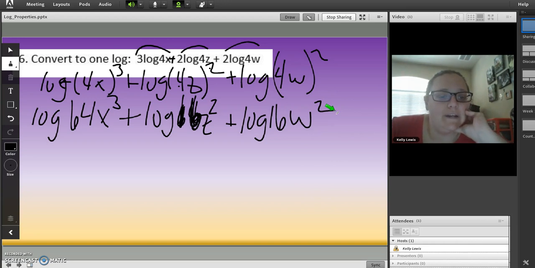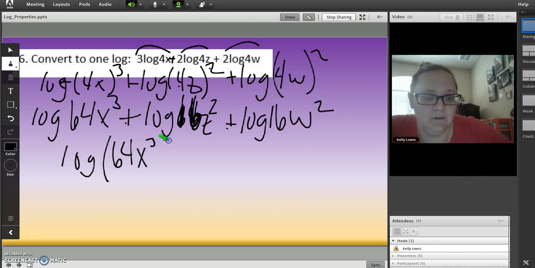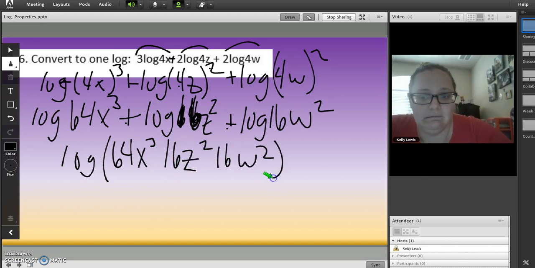All right, and we need one log. So all of this is being multiplied: log 64x cubed, 16z squared, 16w squared.